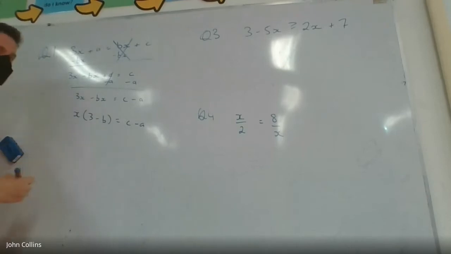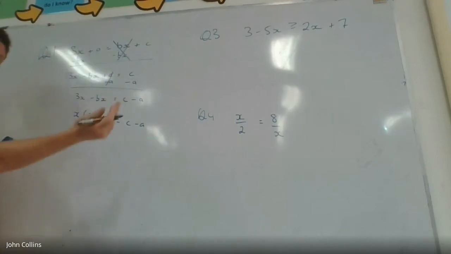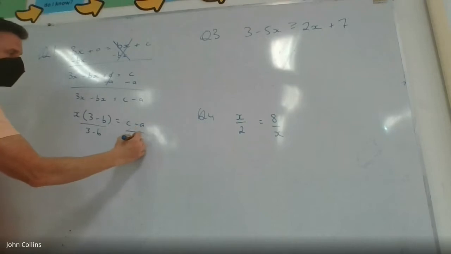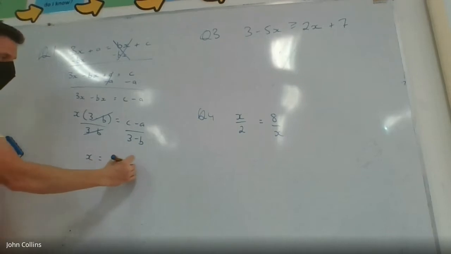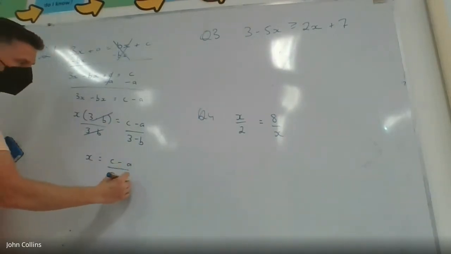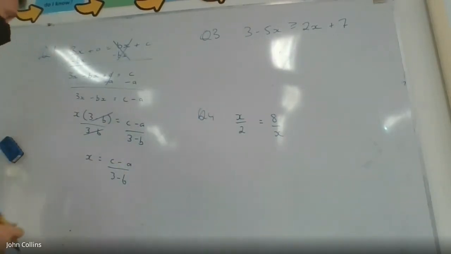Factorize at this stage. All right, and then once I've done that, it's x times something, so I want to do the opposite to timesing. I would divide both sides by 3 minus b, because that fits into that once. I'm just left with x. You don't have to rewrite it, but I will. And that is the answer to the first one.